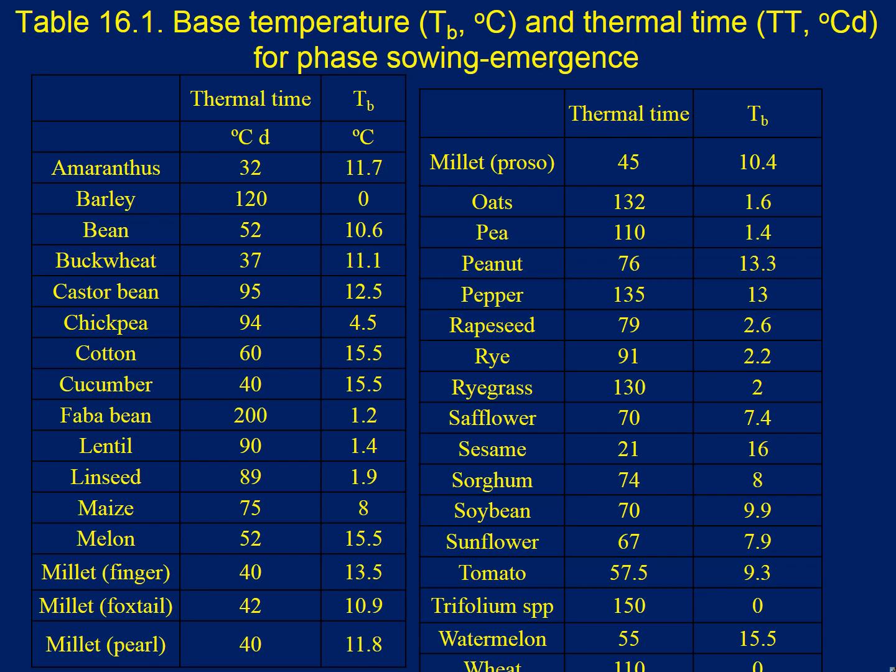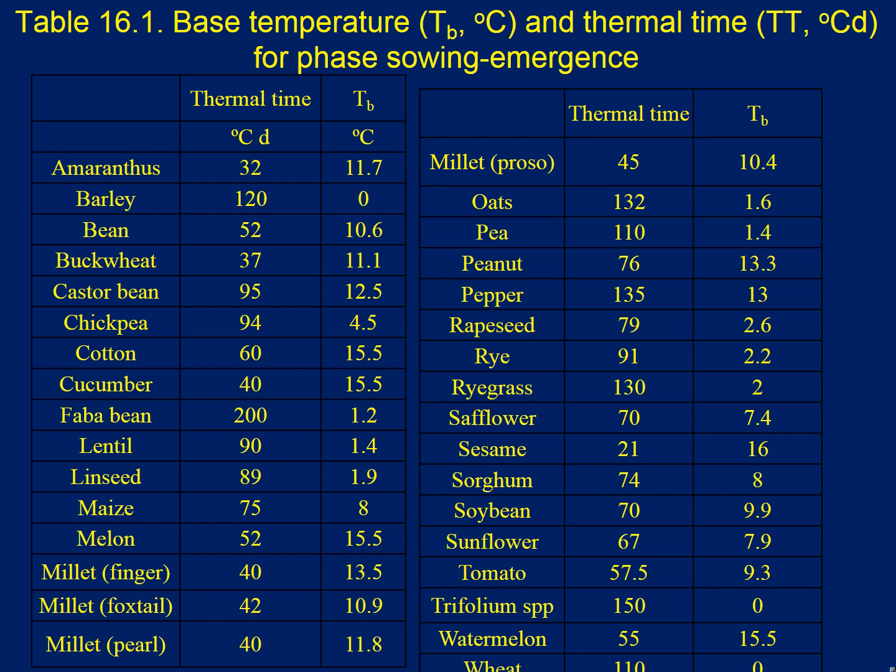Typically, the legume crops, pulses, have rather low base temperatures, and they will be adapted to autumn or winter sowing, with base temperatures usually below 6 degrees.